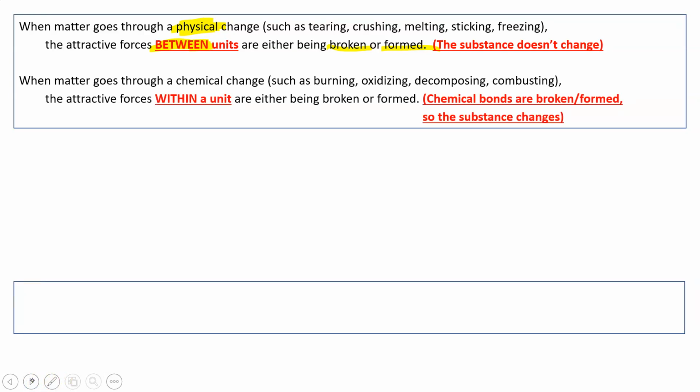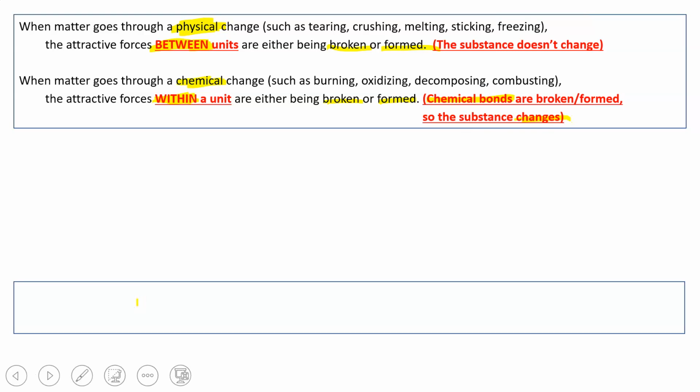When matter goes through a chemical change, such as burning, oxidizing, decomposing, or combusting, the attractive forces within the unit, not just between the units, but the actual bonds within the unit, are being broken or formed. So chemical bonds are being broken or formed. That means that the substance changes.